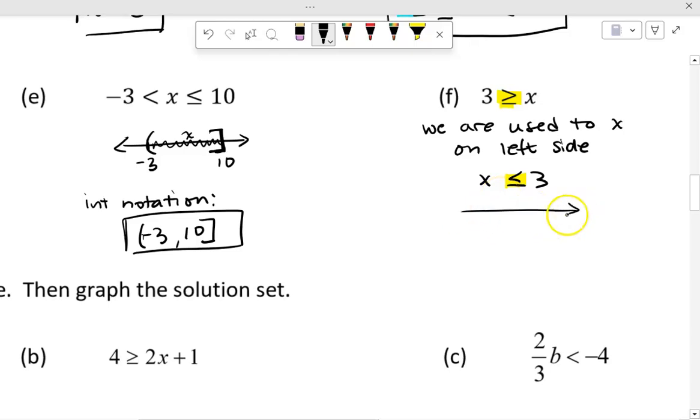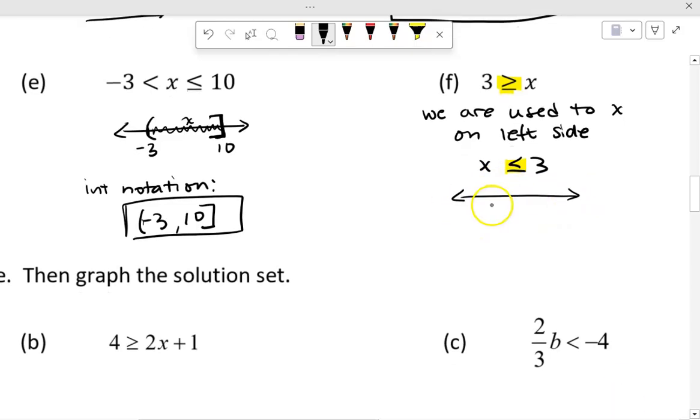And now it's a little bit easier to see on a number line. I'm going to put a 3 down, and x is anything that's less than 3, like 2, 1, 0, all the way to negative infinity. And remember, x will never equal negative infinity, but there is an equal bar on 3, which means x can equal 3.